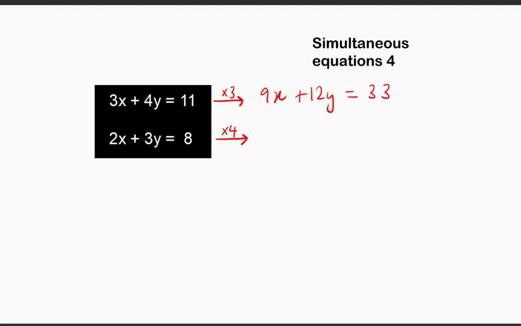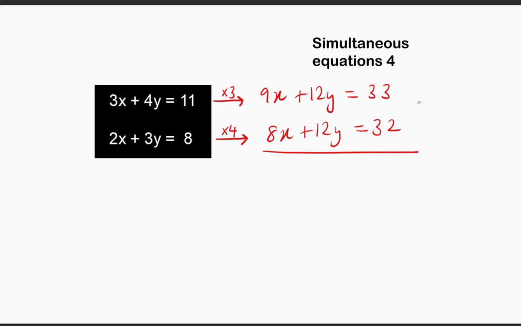And I'm going to multiply by 4 on the bottom, so 2x times 4, 3y times 4, and 8 times 4, 32. Okay, now you can see I'm okay because I've got two equations with 12y here and 12y here.